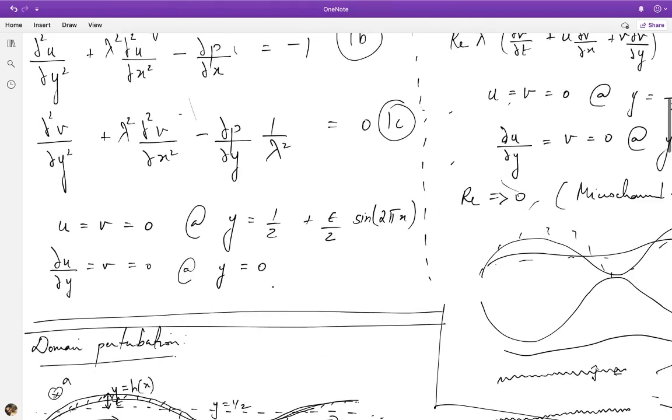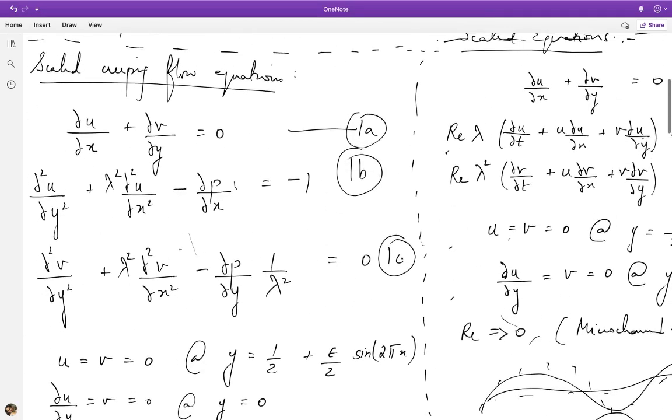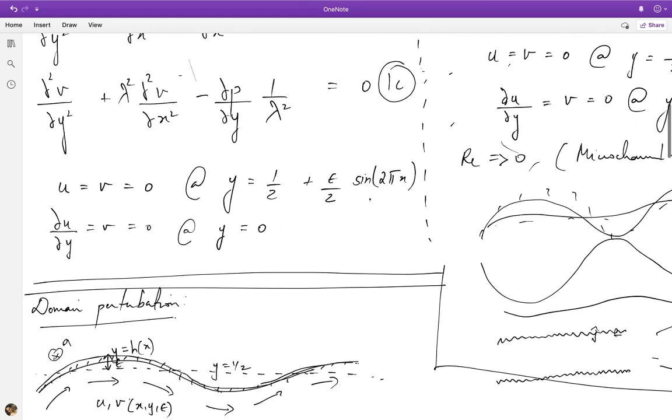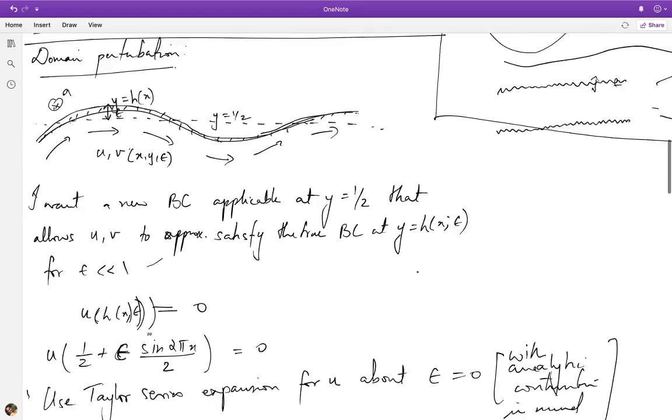Right, so I had the domain conditions of interest all as equations 1, A, B, C. I have the boundary conditions here. Let me call the no-slip boundary condition at the top wall 2A, and the symmetry condition at the center 2B.